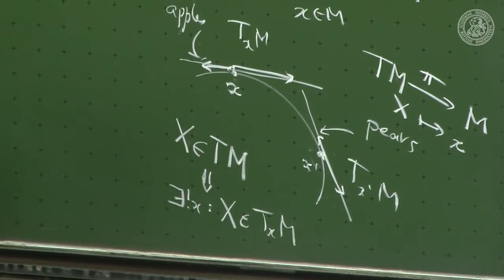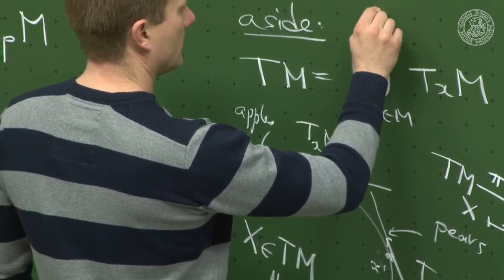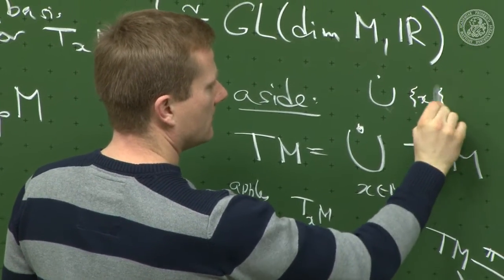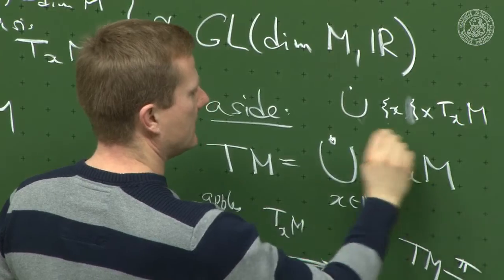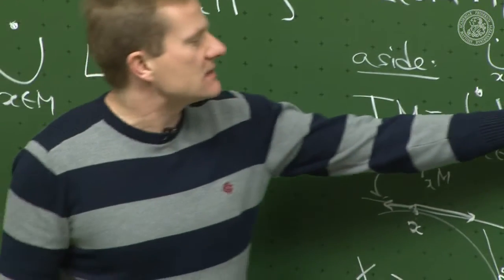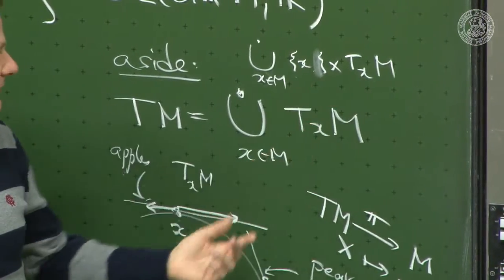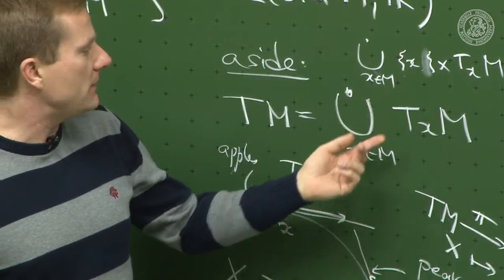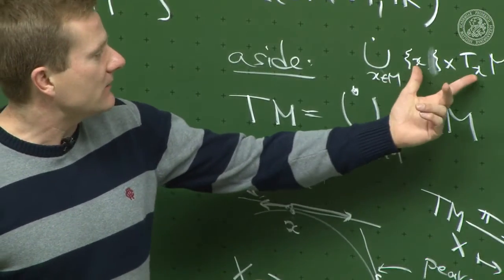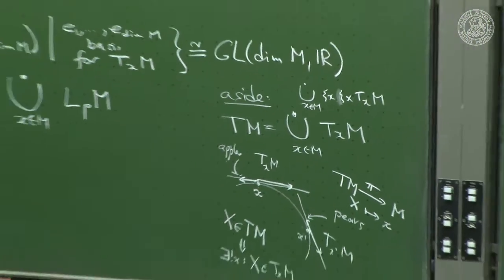Okay? Hence, a construction of the type union over all x of x Cartesian product T_xM may look good, because you make this point explicit, and you then have in here pairs of points and tangent vectors. That's okay.